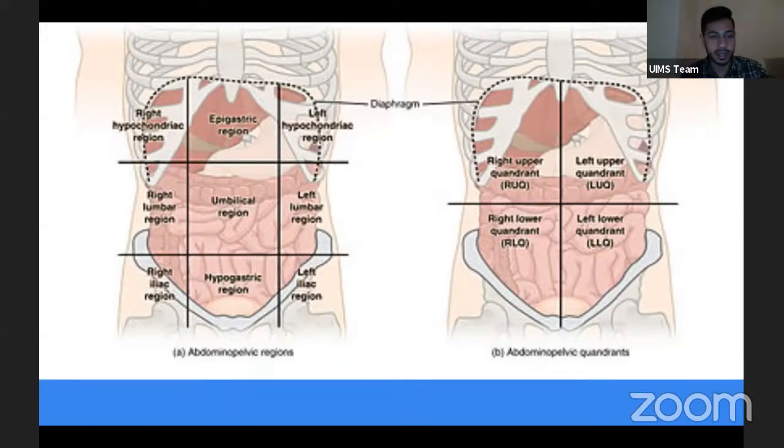Umbilical is central by the umbilicus, and then under the umbilicus is hypogastric. All of these regions contain only parts of organs, and therefore, if there's any tenderness in that region or potential masses, it's very easy to identify what organ is affected or what you're feeling.